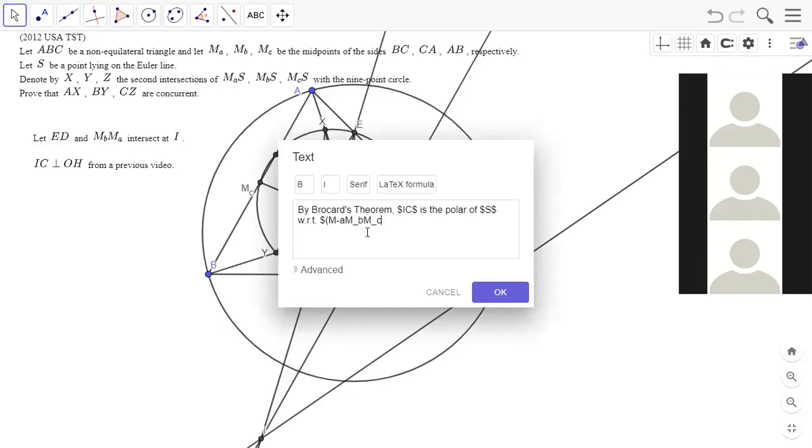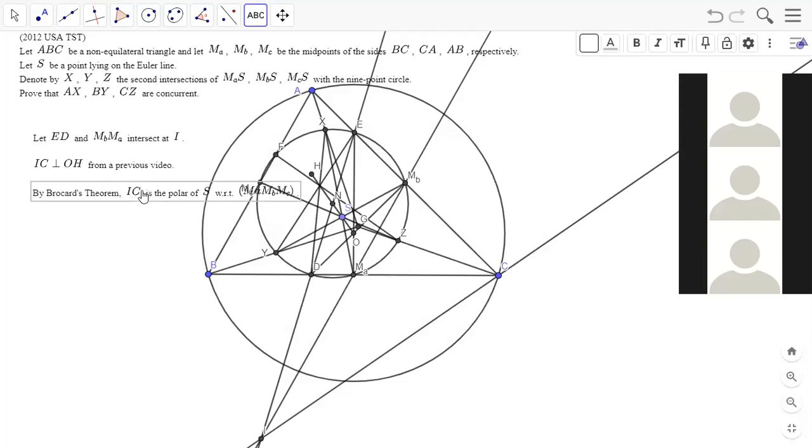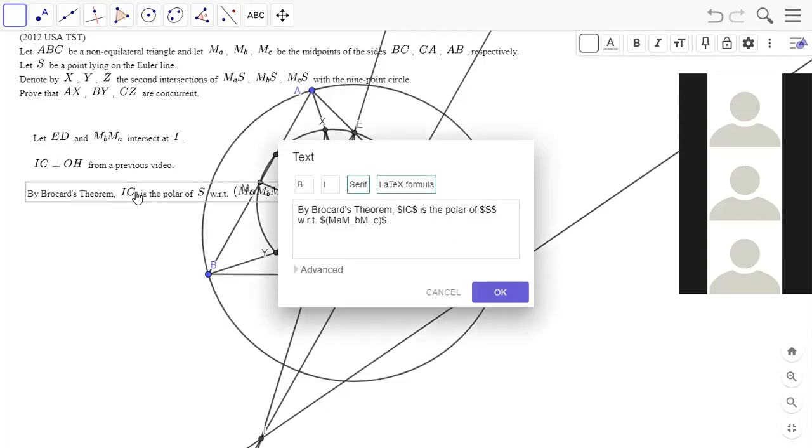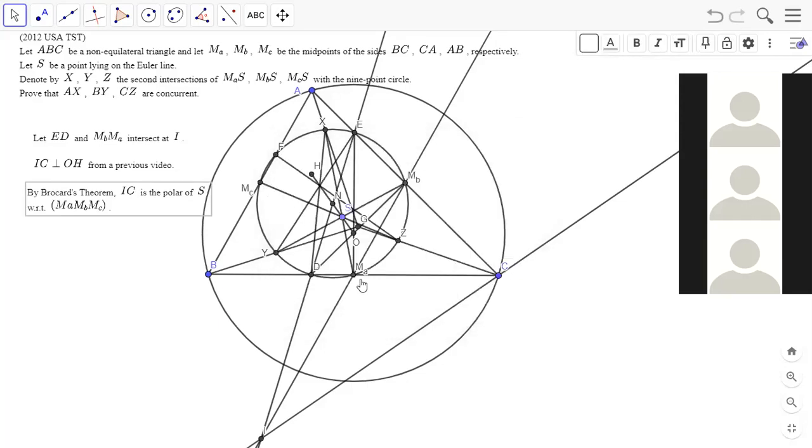And so, I mean, that basically solves it, because that means that OS is perpendicular to IC. No, IC is not the polar of S. Oh, sorry, IC is not the polar of S. It's MAE intersect... Oh, you're right.